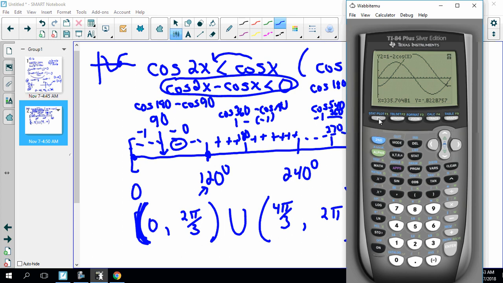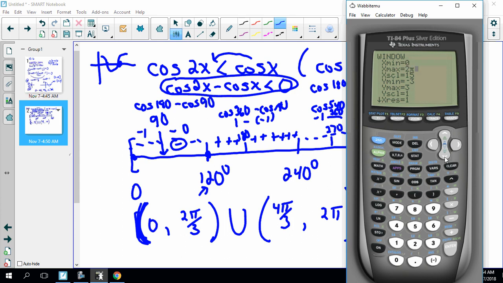Oops, sorry, forever and a day. Y equals, clear, cosine 2x, cosine x. Let's check my mode. Let's work in radians this time. Window goes 0 to 2 pi.